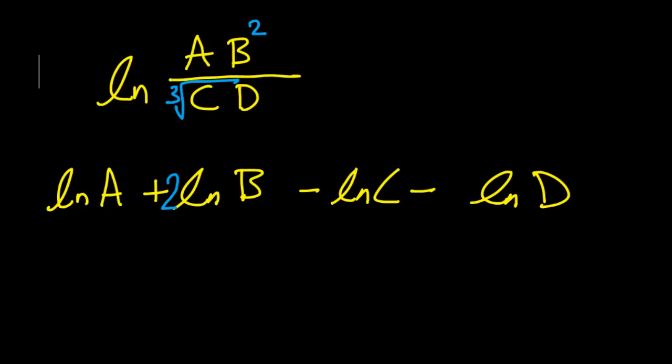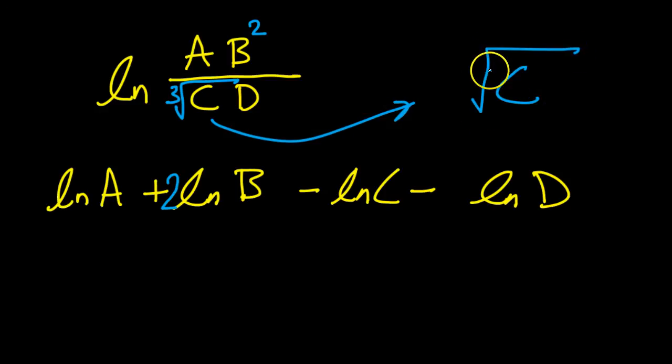Okay? Now, when I have the cube root of C, which I see over here, what am I going to do with that cube root in terms of exponents? How do I write the cube root using an exponent? What fraction? 1/3.